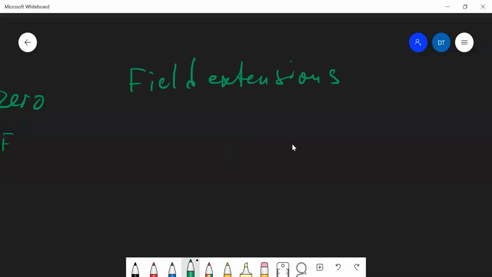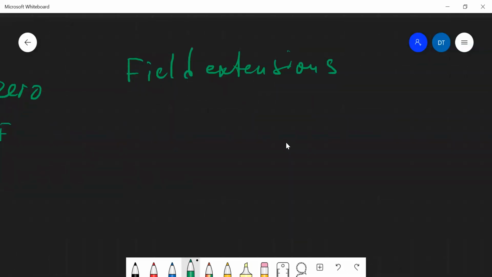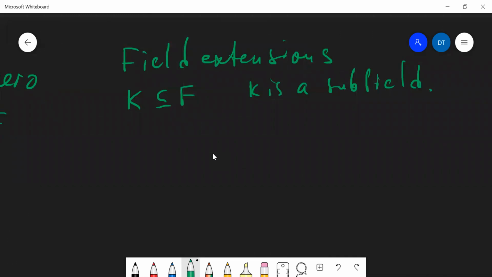If we have a pair of fields, K and F, and K is a subfield of F, so here K is a subfield, then we will say that F is an extension of K. In this case, we may consider F as a vector space over K.